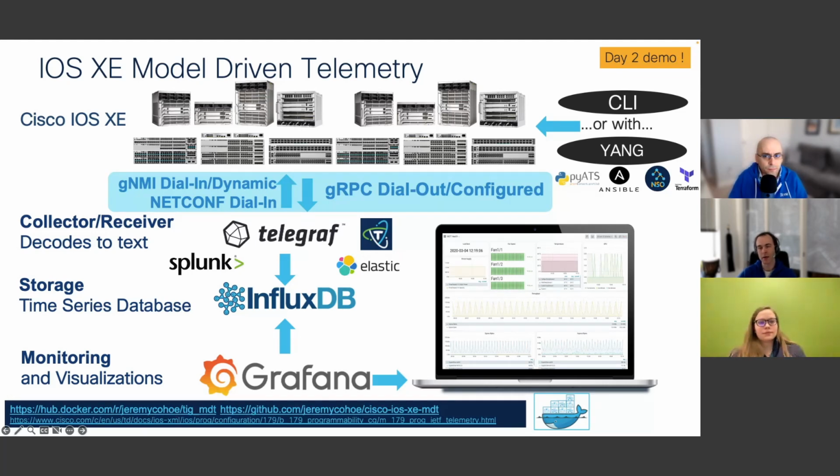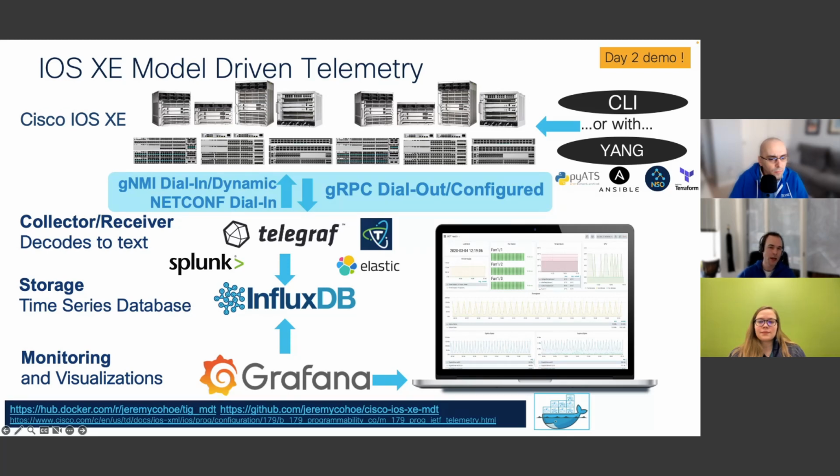In this case, we can enable this telemetry with CLI or using the Yang-based APIs. And the tooling that we actually use to do that is going to be something like pyATS or Ansible, as we saw earlier. We also have tools like NSO, the Network Services Orchestrator from Cisco, as well as Terraform, as Story was talking about earlier, where we're developing a module or a provider to manage the gRPC model-driven telemetry feature using Terraform.